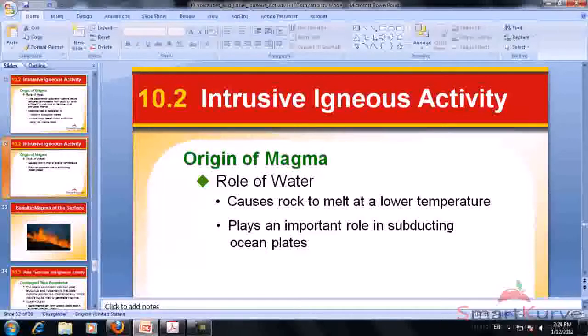So in the underwater subduction zones, the melting point of that rock is going to be lower, so it's going to melt faster, and so you're going to get more liquid magma in a subduction zone that's under the ocean.